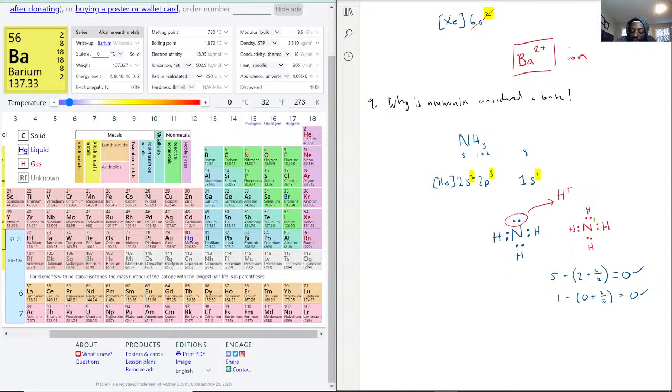Considering now that, if we redid the number, it would be 5 minus 0 lone pairs plus 8 over 2, so that's 5 minus 4, which is 1, hence why we have the positive charge on the nitrogen. So that was what we get when that lone pair attacks that hydrogen. Now you're probably wondering, why would it want to go from a stable 0 to a positive charge?